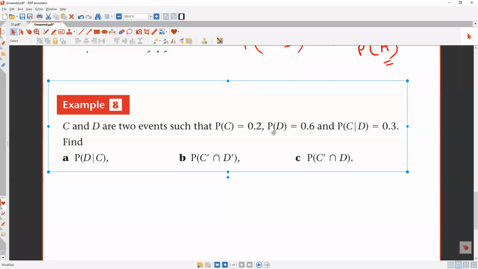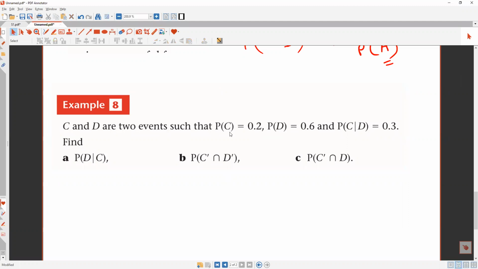তোমাকে PC দিছে, তোমাকে PD দিছে, তোমরা P intersection D intersection C ফাইন্ড করো। কিভাবে? They gave you the slash. So কিভাবে?